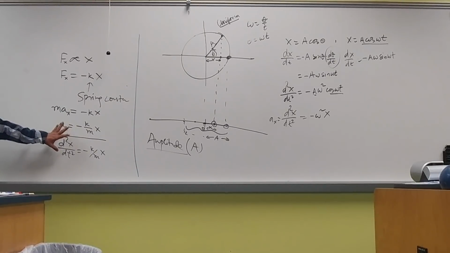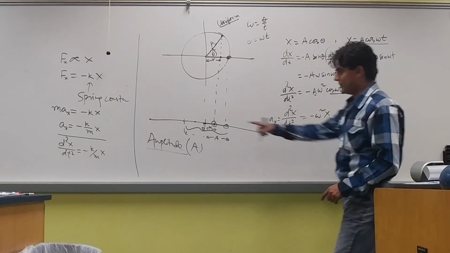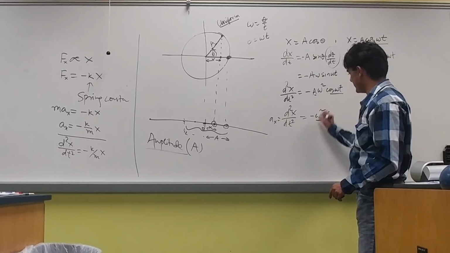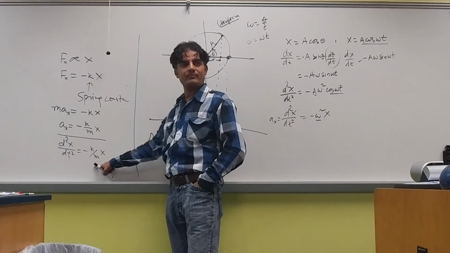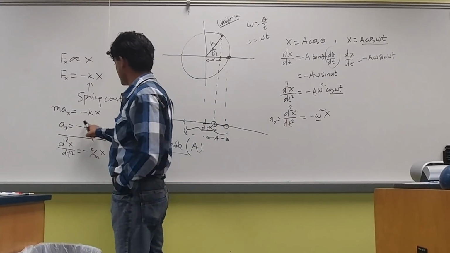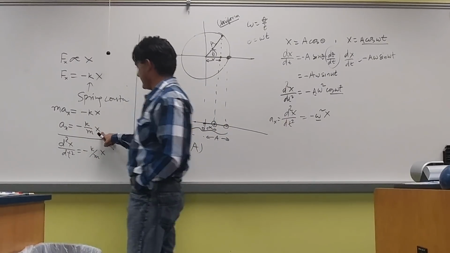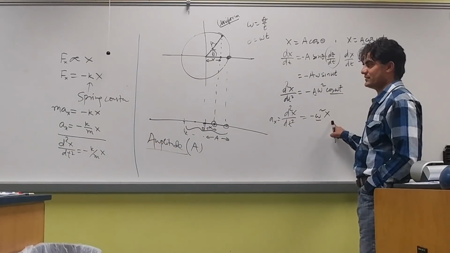So when ax equals this, and now I got ax equals this, what does it mean? You have minus, minus. So this omega square is k over m. Because ax equals minus k over m times x, and the same ax equals minus omega square x.